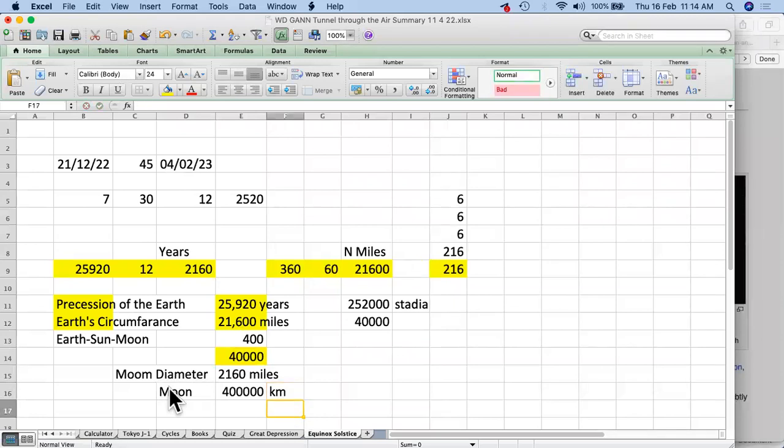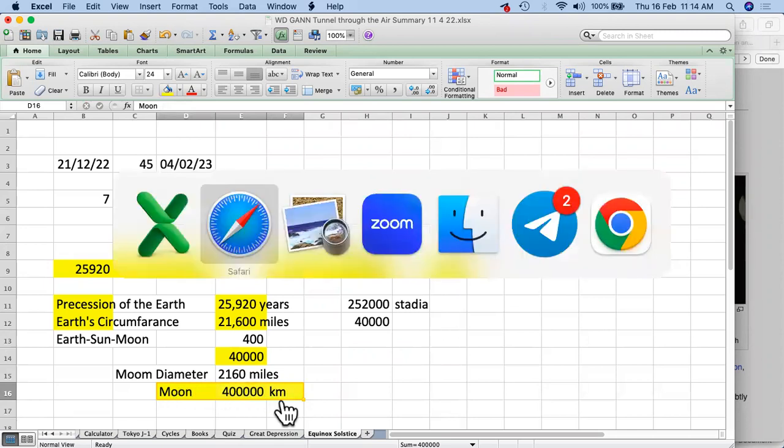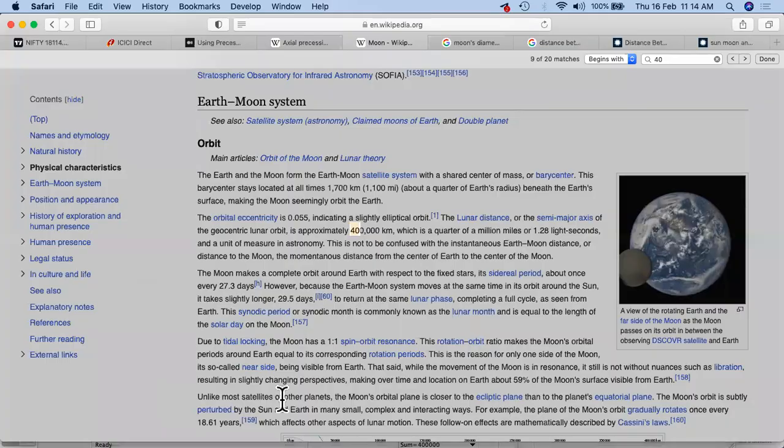Let me highlight that, to say we have already completed this. So now we have the moon, which comes to around 4 lakh kilometers. That is the semi-major axis of the geocentric lunar orbit. This is somewhere around that part.